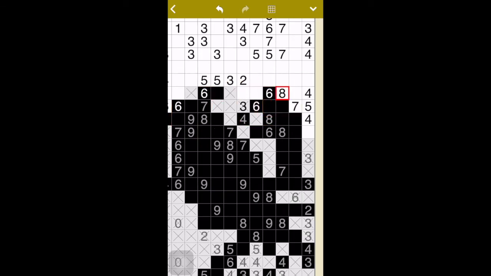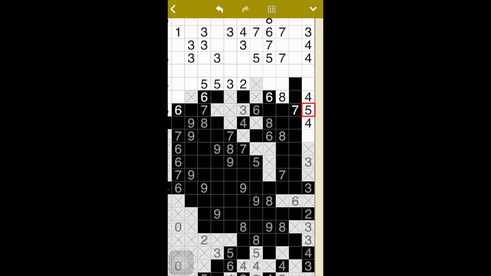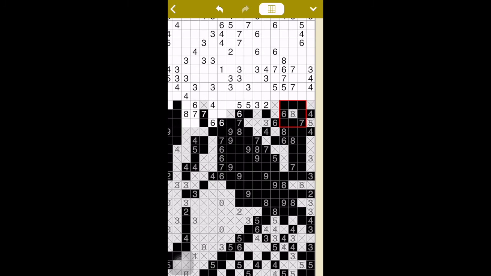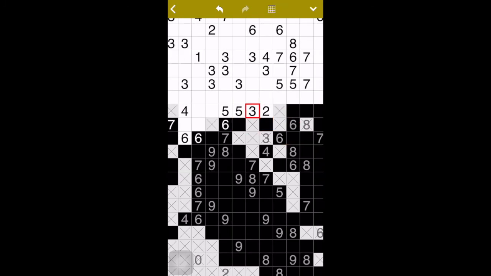Difference of 2, 8 and 6. 5 and 4, difference of 1. Okay, let's do 5 and 3, difference of 2. Difference of 1, 6 and 5.